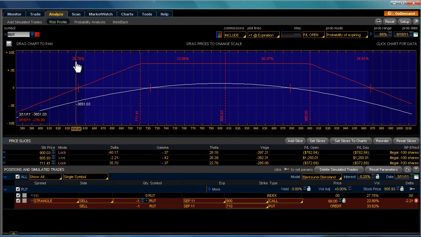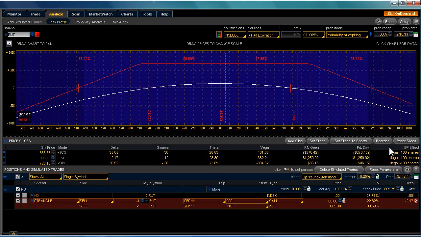On this side, going by this number and going by this number, taking the worst of the two, actually 71%. So 70% chance of making maximum profit on this. And if you go out to actual break even, it's got about an 85% chance of not losing any money. So that's pretty decent, I would say.